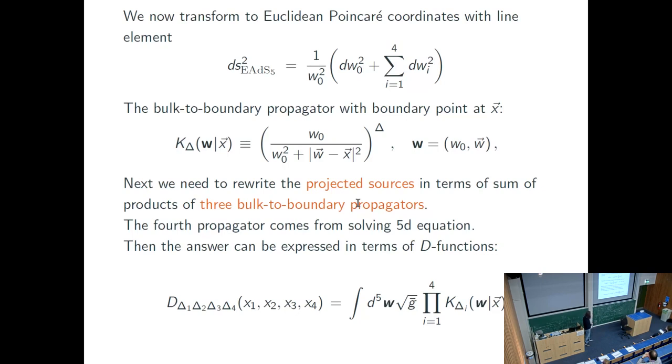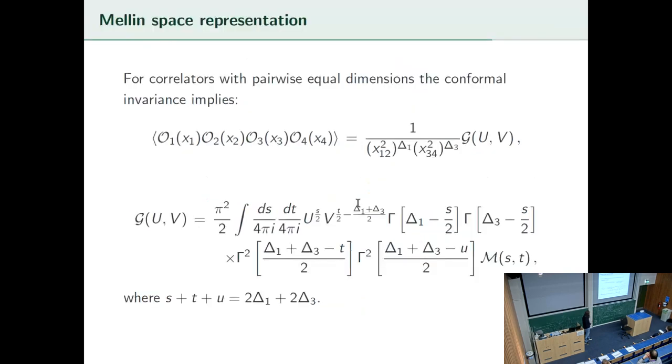However, we have managed to succeed and found the expression for the 4-point correlator in terms of the D functions in the position space. But because D functions satisfy lots of algebraic identities between each other, the answer in the position space is not unique. And it's much more convenient to transform the result in the position space into the Mellin space.